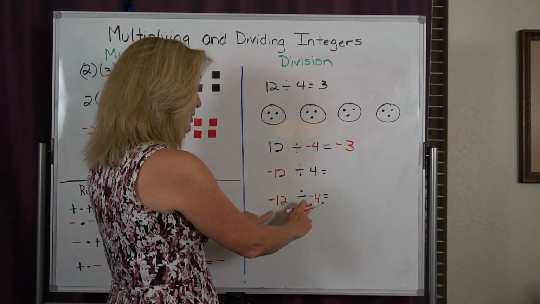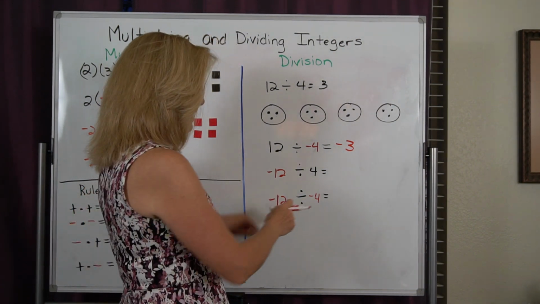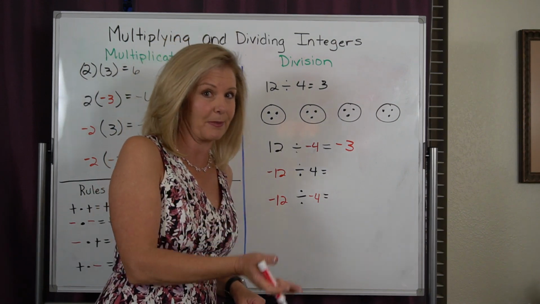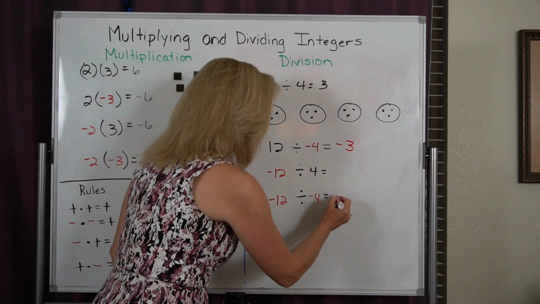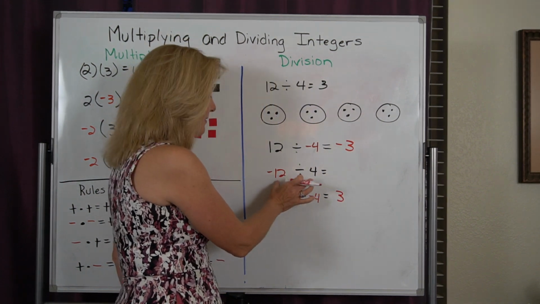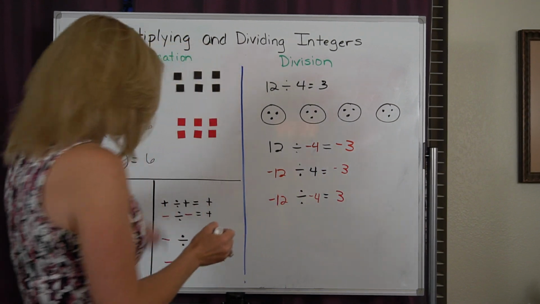Versus if I have 2 negatives, that means I have to flip it twice. Therefore, a negative divided by a negative, flipped to the negative, then I had to flip it back to the positive, has to be a positive 3. And if you have 1 negative here and a positive there, we know it's got to be a negative. So it's the same rules.